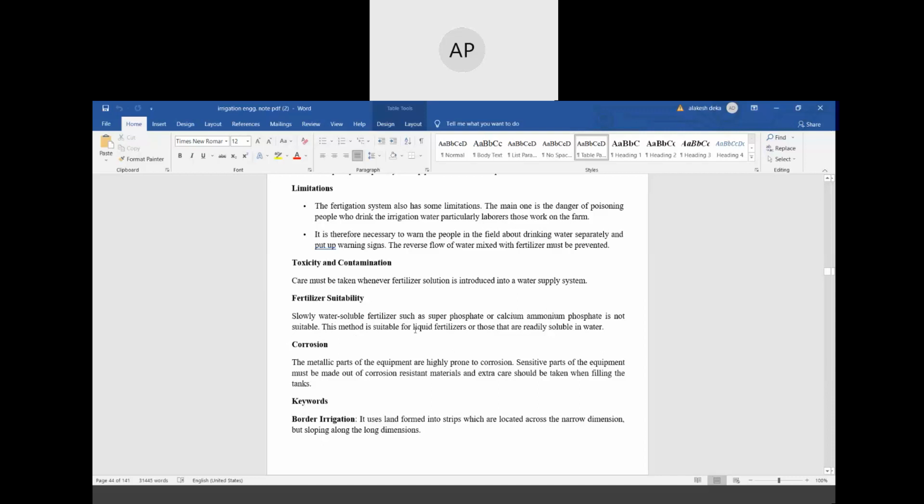This method is suitable for liquid fertilizers or those which are rapidly soluble in water. Corrosion: the metallic parts of the equipment are highly prone to corrosion. Sensitive parts of the equipment must be made out of corrosion resistant material and extra care must be taken while filling the tanks.